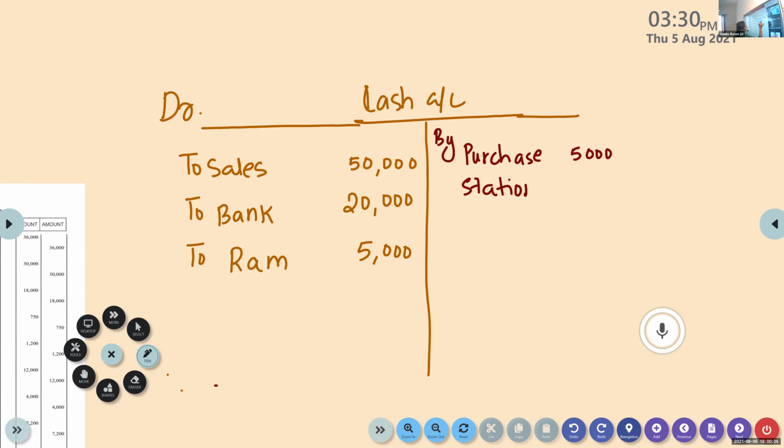Stationery account debtor to cash. That means stationery is purchased. Okay, 1,000 rupees. Then let's buy a furniture. Furniture account debtor 4,000. Okay, tell me how to balance this.